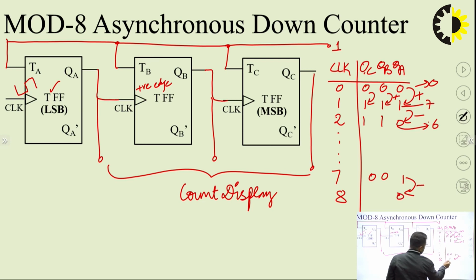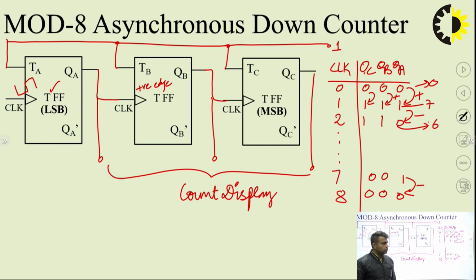So B and C cannot change, so they will remain 0. That means with the 8th pulse you will again reach the state from where you started. That means only 8 unique states are possible in the mode 8 counter. That means if we are connecting 3 flip-flops in this fashion using positive edge clocks, then only 8 states can be available.